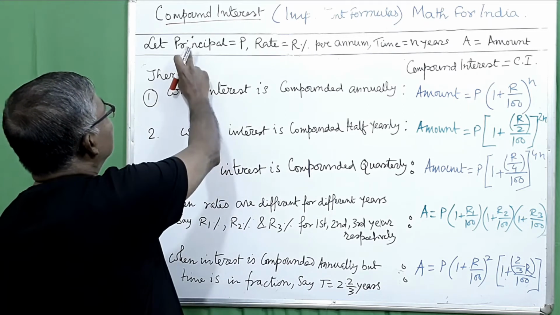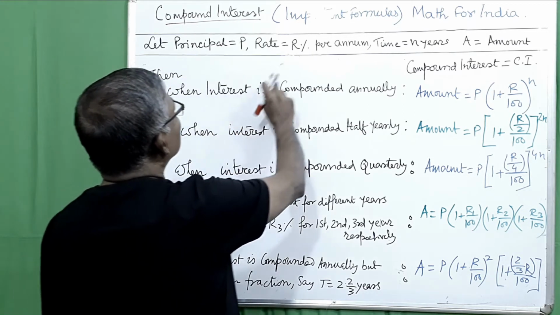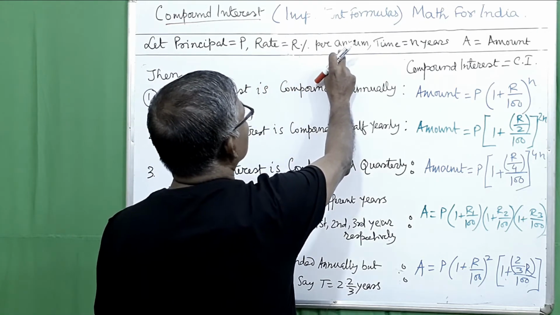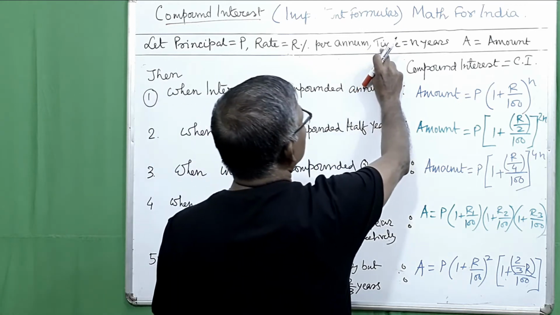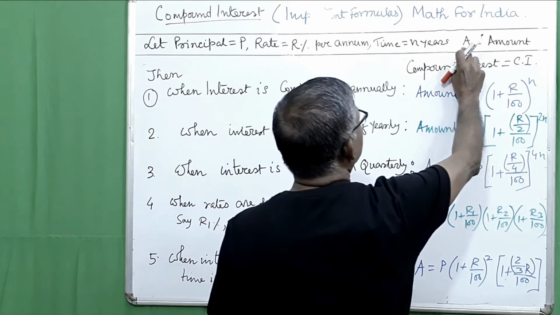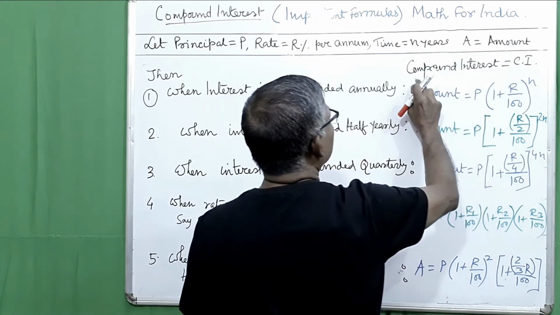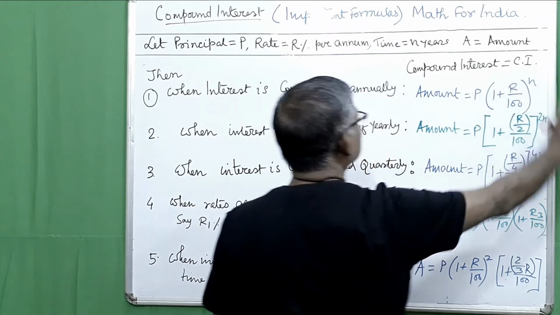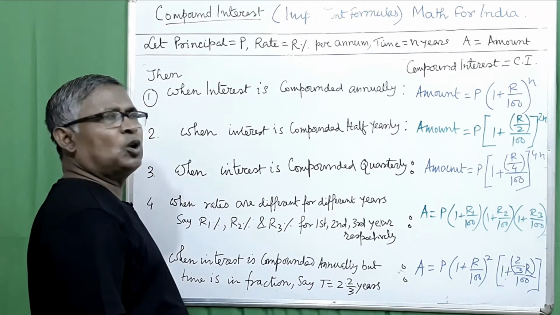Let principal equal to P, rate of interest is R% per annum, time equals to n years, amount is A, and let compound interest be termed as CI. Then let us follow the formulas.